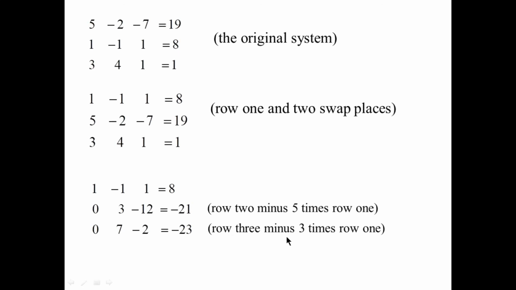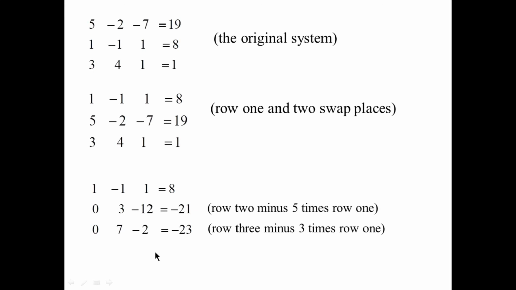And then row 3 minus 3 times row 1, so 3 minus 3 times that, 0. 4 minus 3 times that, so that's 4 plus 3, 7. 1 minus 3 times 1, minus 2. 1 minus 3 times 8, so 1 minus 24 is minus 23. And we've built our 1, 0, 0.